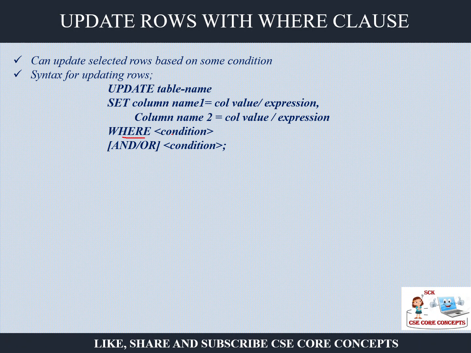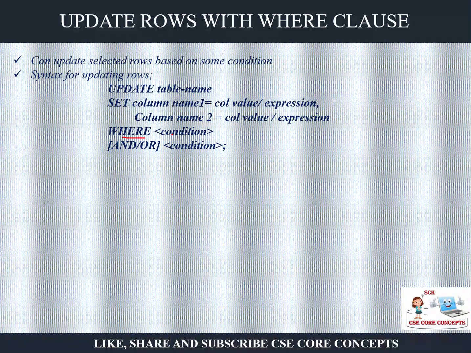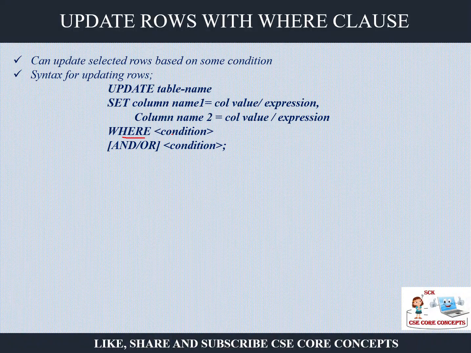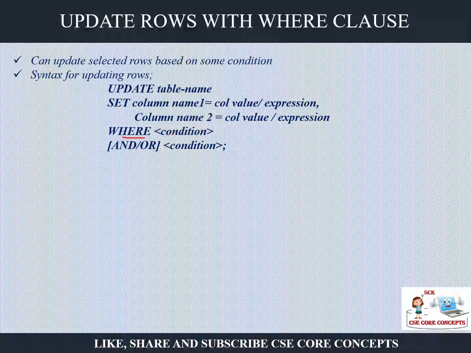Now you can add multiple conditions also, using and, or. If you are using and, that means all the criteria should match. And if you are using or, that means any one of the criteria should match. Understood? So let us see some examples.